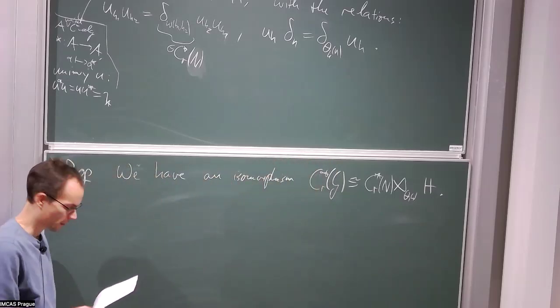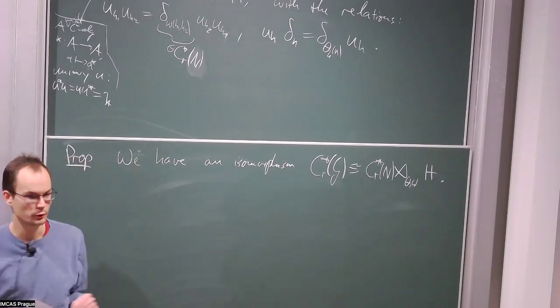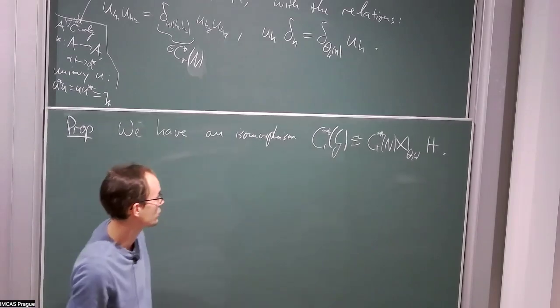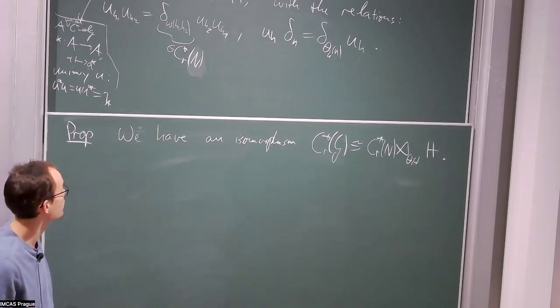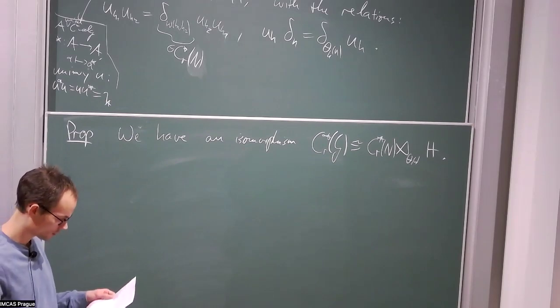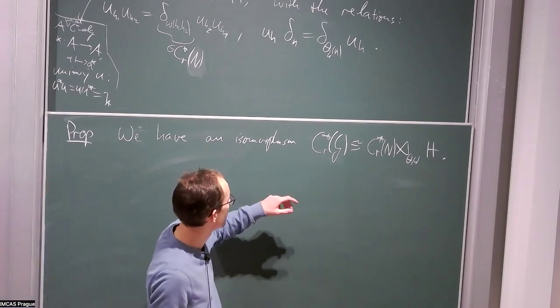I hope you see the parallel to what happened to the group itself. The group was decomposed as a semi-direct product. The group C-star algebra can be decomposed as this sort of twisted cross product. And now I am not done yet, but close to the end.